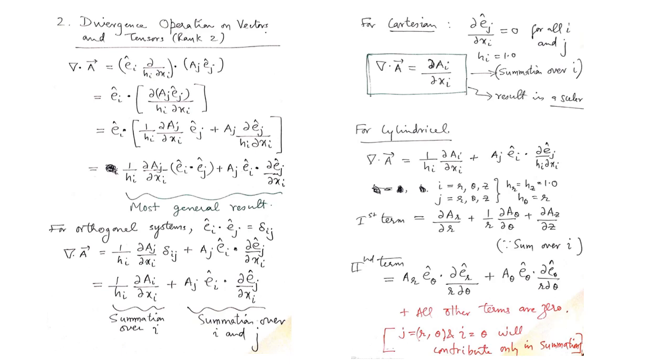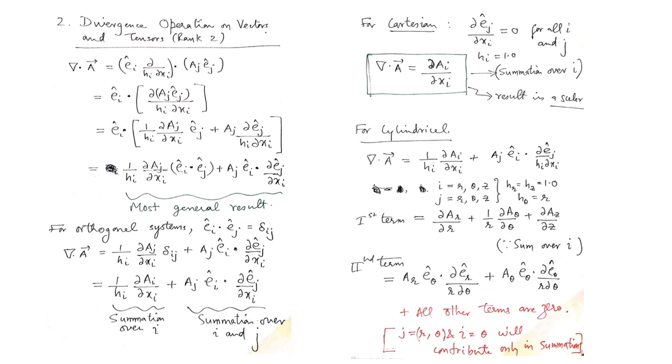Now to have a look at what happens in cylindrical coordinates. Again we start with the general expression for orthogonal systems. So for orthogonal systems we have these two terms, and as I have written, both i and j have to vary over r, theta and z, and we know the various scale factors: h_r and h_z are 1 and h_theta is r.